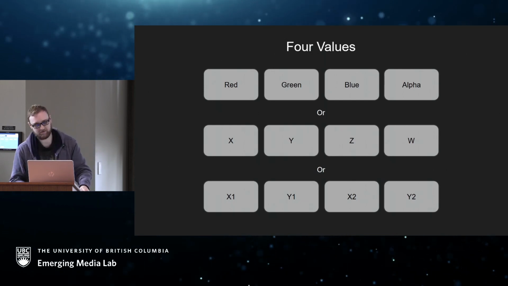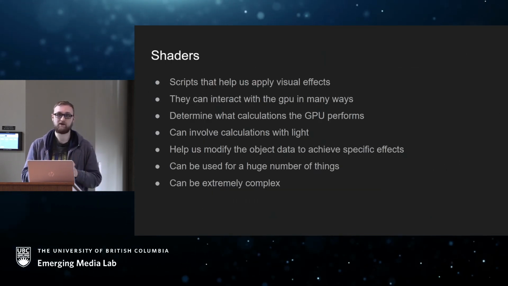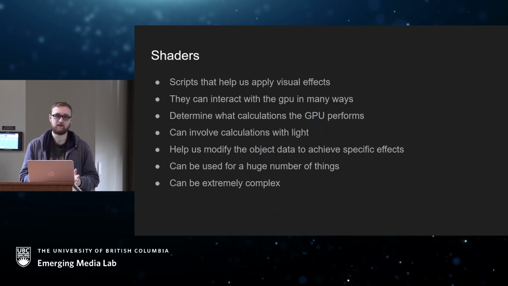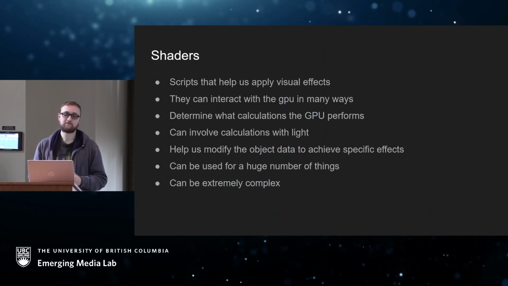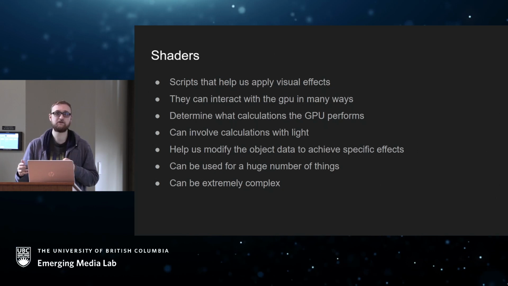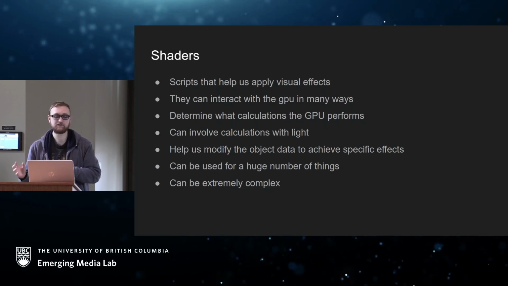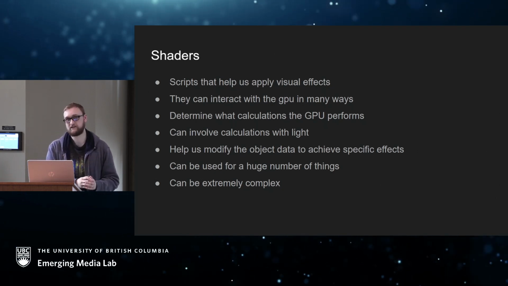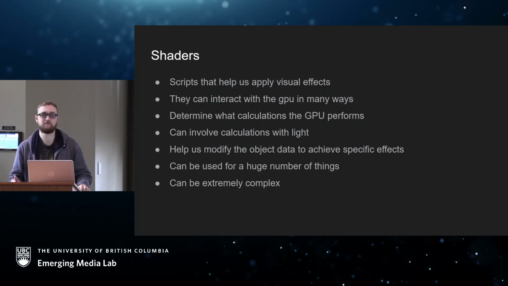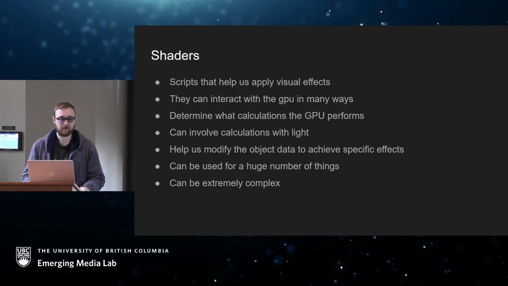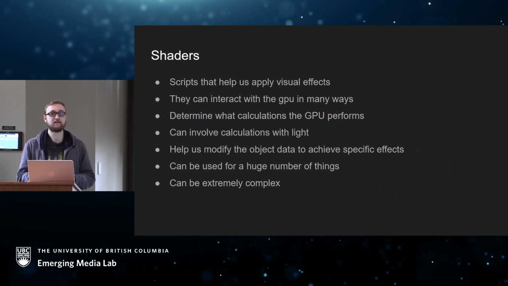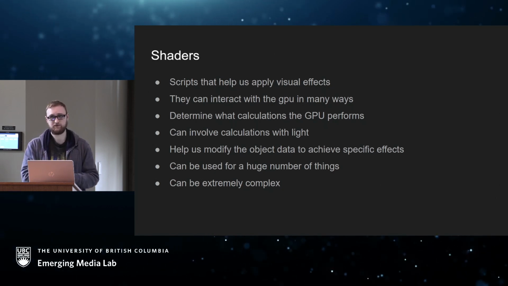So now let's actually talk directly about shaders. In Unity, they are the scripts that help us apply different visual effects, but they can also interact with the GPU in other ways. And most similar programs are the same. So the shaders figure out exactly what your GPU is going to do.